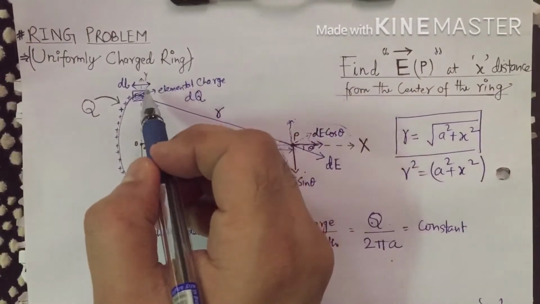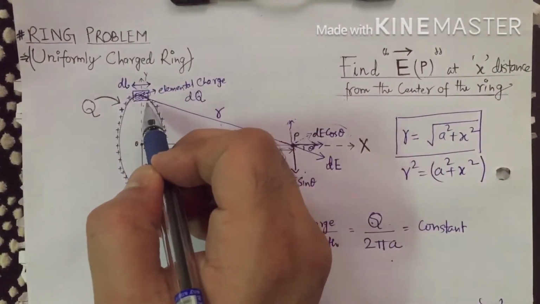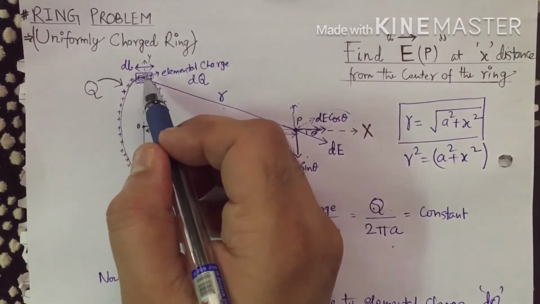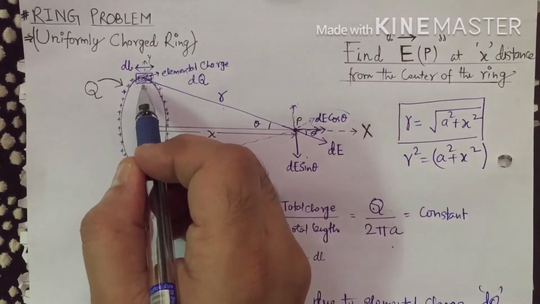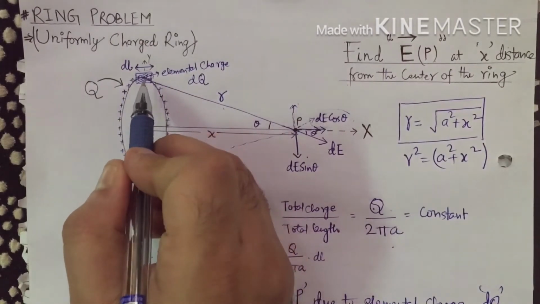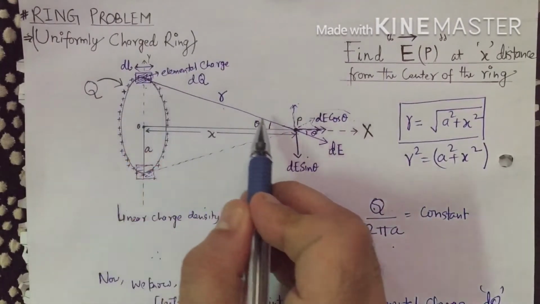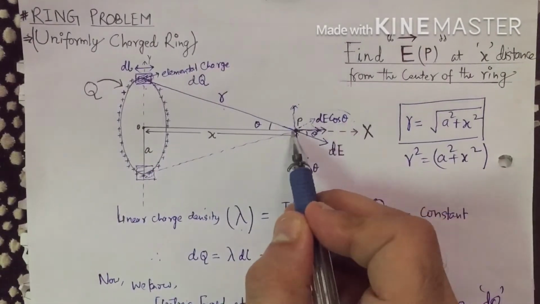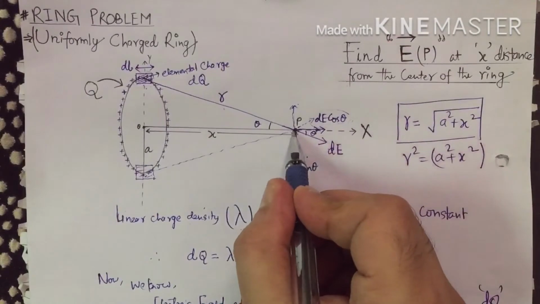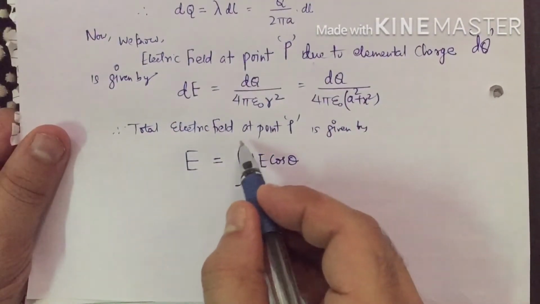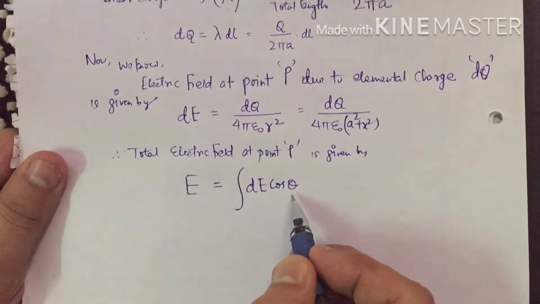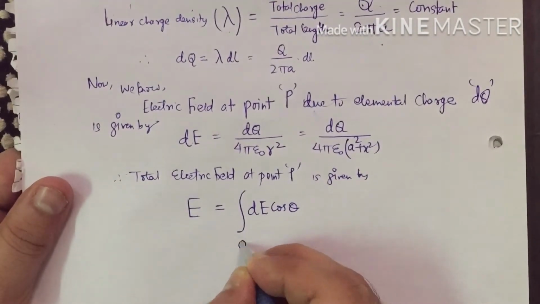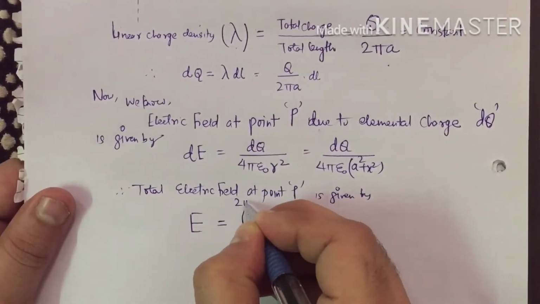Since we have considered only a single elemental charge, it will have only one component, dE cos theta. So total electric field at point P will be given by the integration of dE cos theta, and the limits go from 0 to 2 pi a.